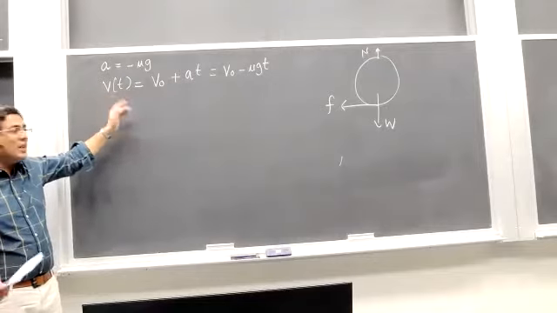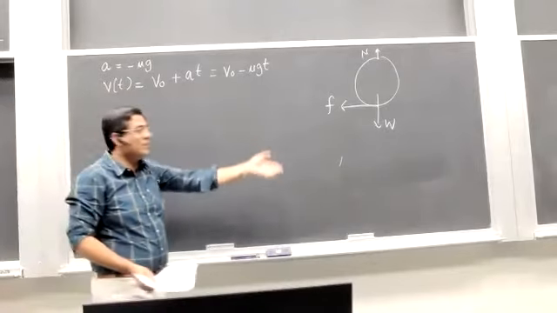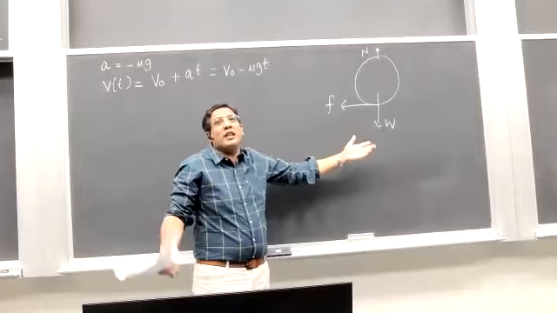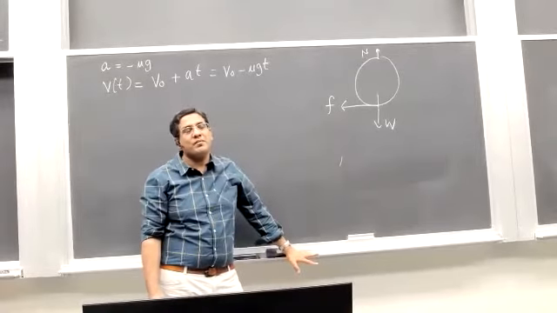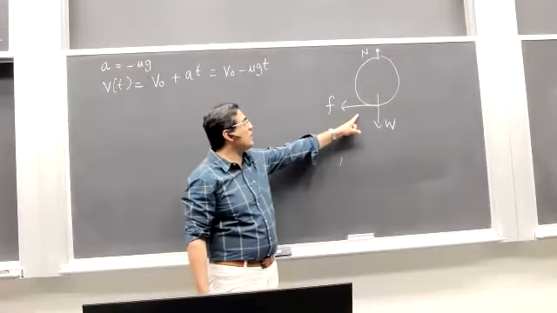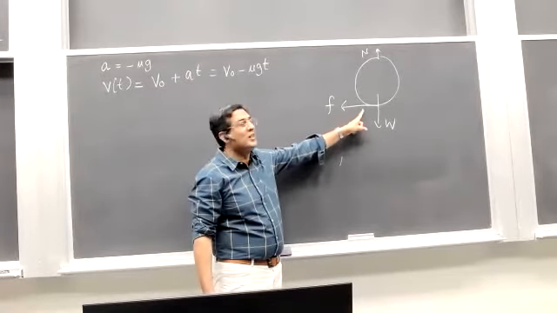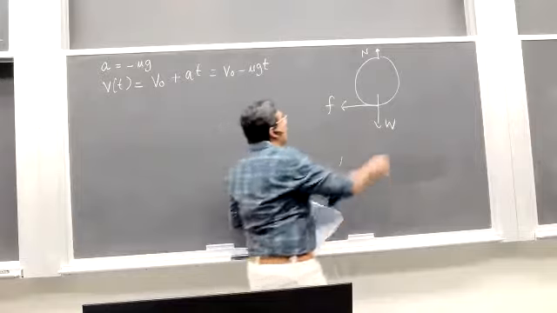Fine, but now we have to consider the rotational part, but we don't need to invent forces. We still need to work with the forces that we have. So now we want to calculate the torque acting on this ball due to all these forces. So what is torque due to normal force? What is the definition of torque?